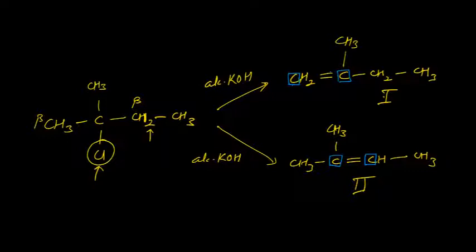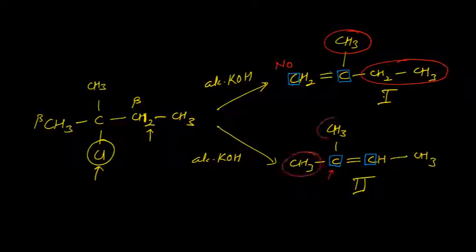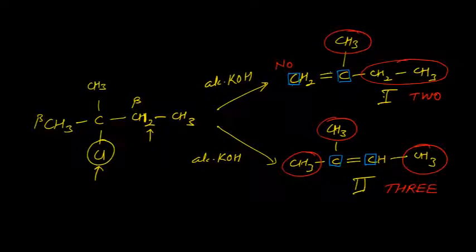So there is no alkyl group here, and here you have two alkyl groups. In the second case, this carbon has two alkyl groups, and this carbon has one alkyl group. So in the first case, you have a total of two alkyl groups. In the second case, you have a total of three alkyl groups. Three alkyl groups will be preferred. So this will be the major product according to Saytzeff rule.